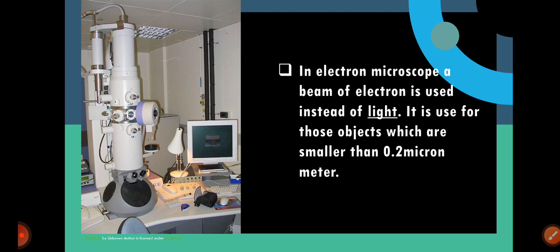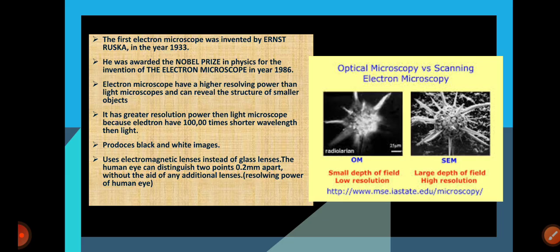If I consider the history of the electron microscope, before it scientists primarily used an optical microscope. This microscope uses visible light to illuminate and magnify specimens, with limitations in resolution and magnification compared to the electron microscope.